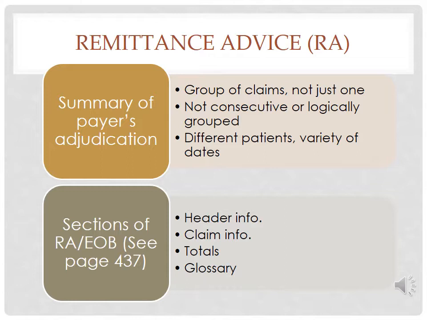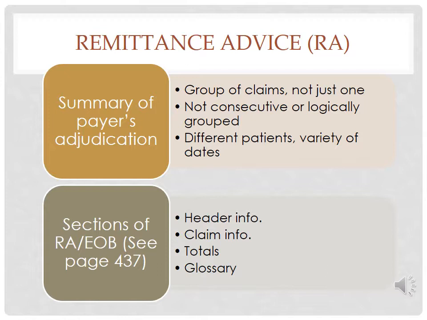There's the header information up on the top that just goes through basically who is it from. And then the middle part then, or that claim information area, is really where all those codes are put in, tells what was allowed, what was paid. If something wasn't paid the full amount, look at the different adjustment codes there. Why was it adjusted? Or maybe if it was denied, why was it denied?